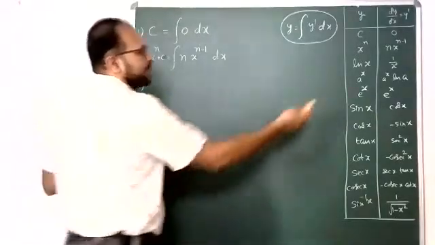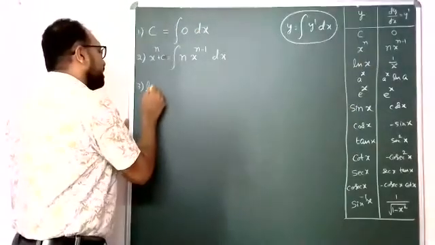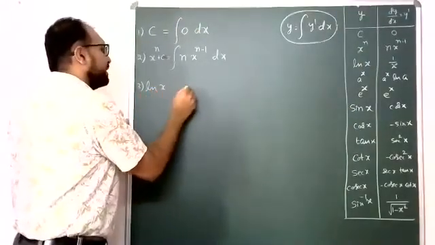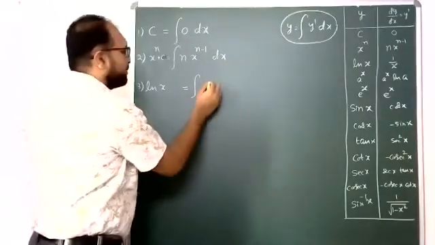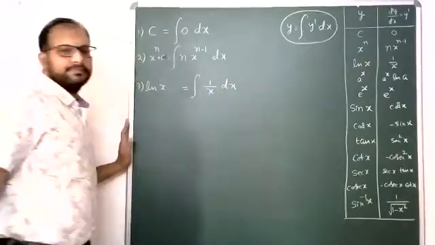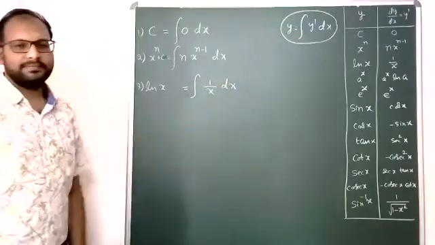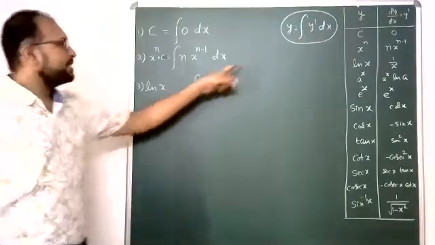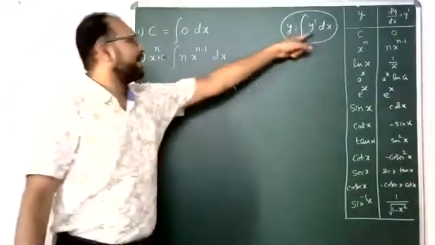Third one, ln x. ln x is nothing but the integral of y prime. What is the y prime? 1 by x into dx. So the integral of 1 by x dx, 1 by x is nothing but the derivative of ln x, meaning y prime.